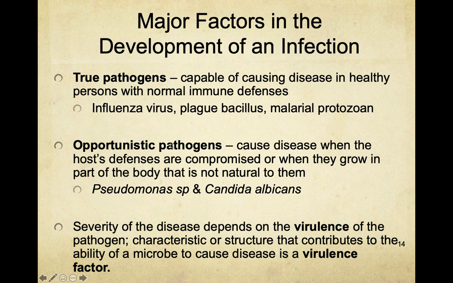An opportunistic pathogen, once again, is generally a normal flora, something that if you come in contact with it, your body's immune system is pretty much going to stop an infection or kill it before it even starts. These guys generally don't cause problems unless you have a compromised immune system or your skin's broken or something that allows them to find an environment that they like.